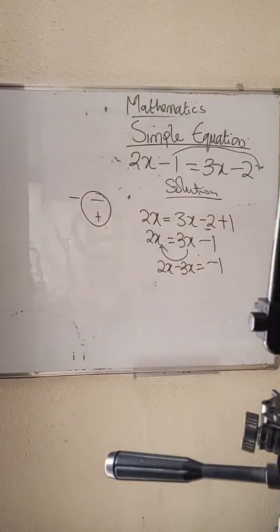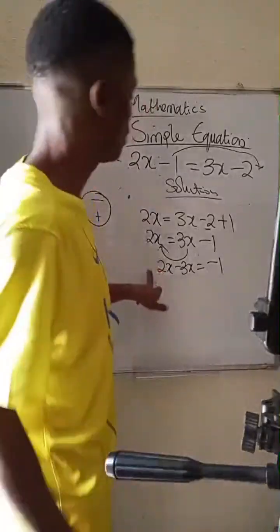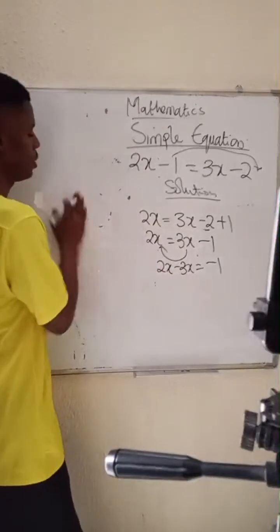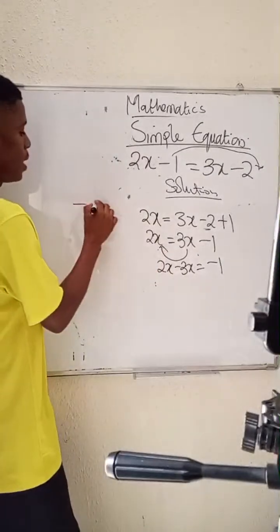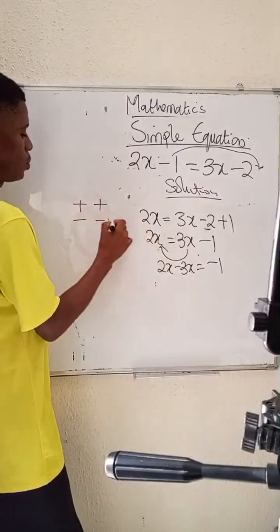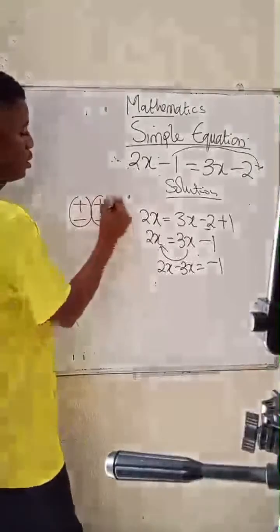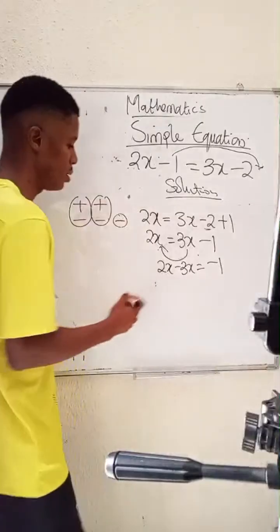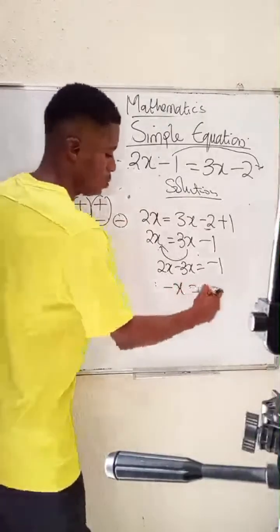What's the value of 2x minus 3x? Let's just do it like a baby: you have 2, and you have 3. So 1, 2, 3. This is 0, and you are left with minus. So it becomes minus x is equal to -1.